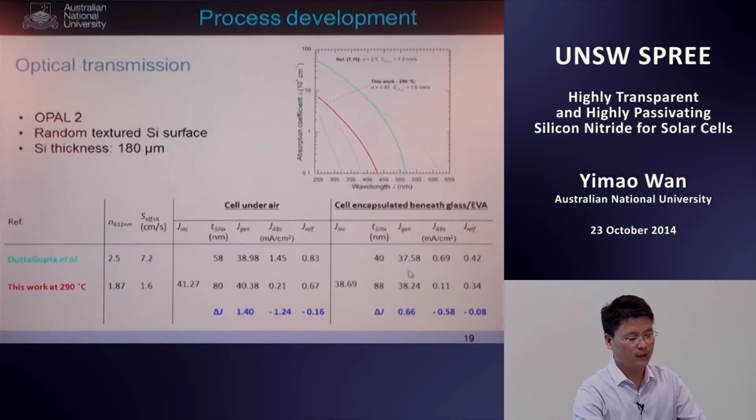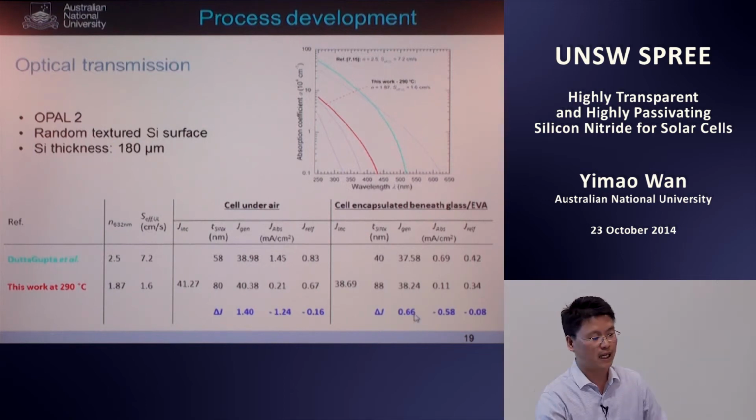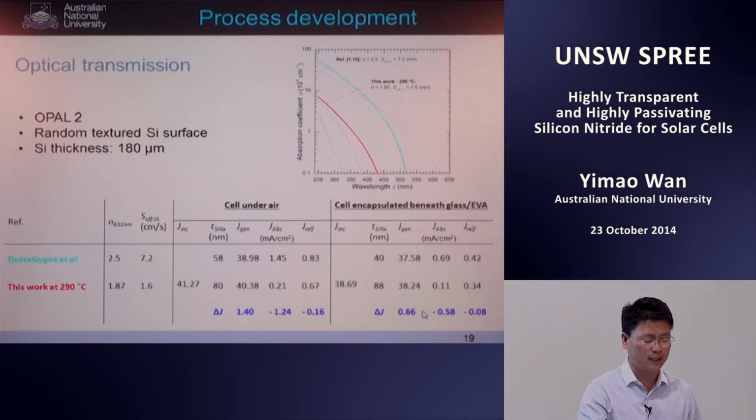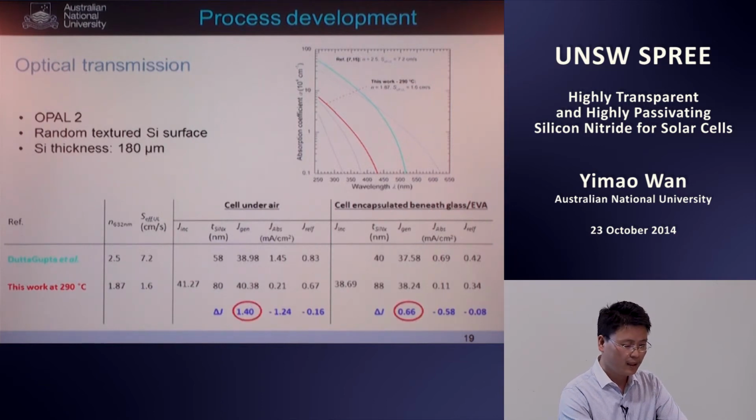We can see our optimum, low absorption silicon nitride shows an enhancement of current generation by around 0.66 milliamperes per square centimeter for the encapsulated cell, or even higher for the cell operating in air.